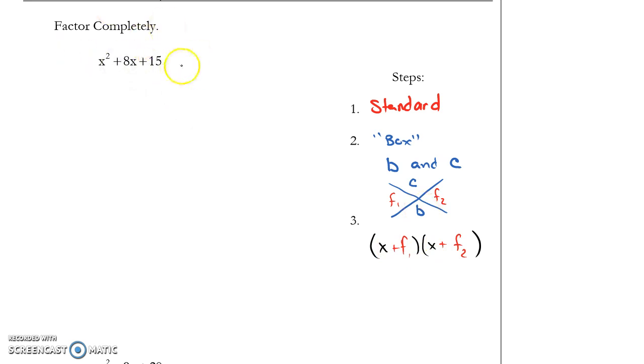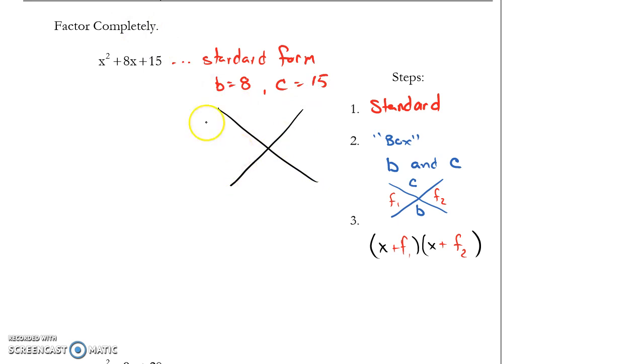This problem is already in standard form. X squared plus bx plus c. And we know a is 1, b is 8, c is 15, so we're going to set up a box problem. And I'm just using x, I don't need the entire box.